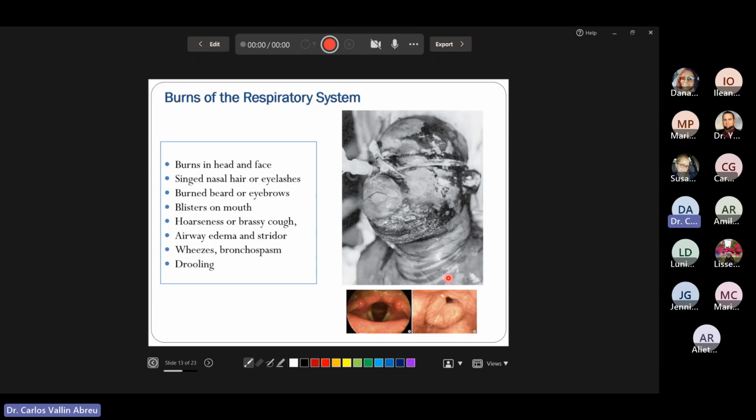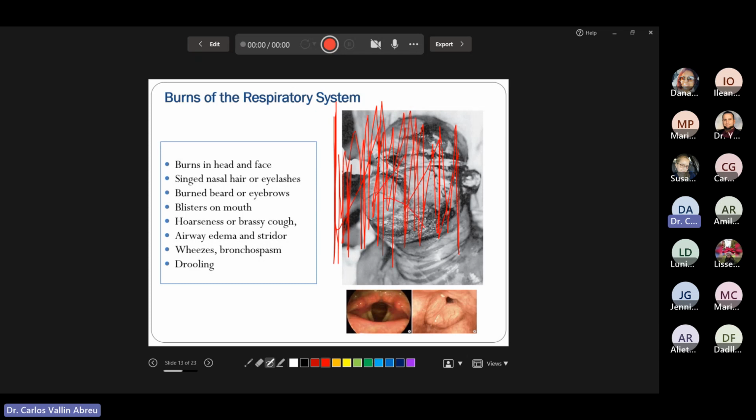Understand that to have a burn of the face or the head, you need to have some period of time with flames in front of your face. And of course, the person needs to continue breathing even in the middle of flames, fire.